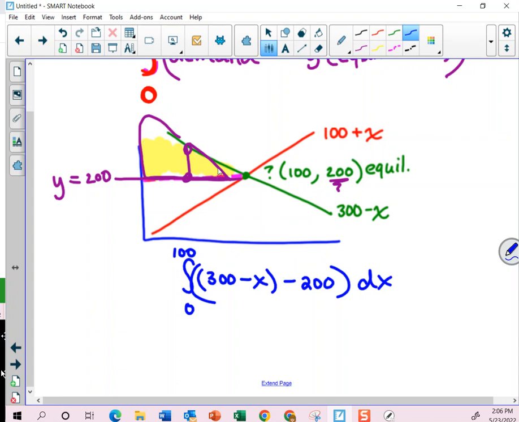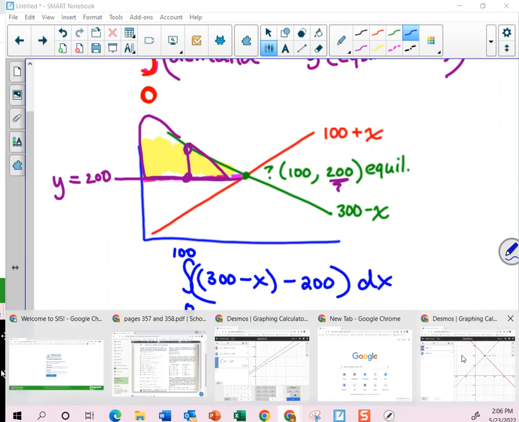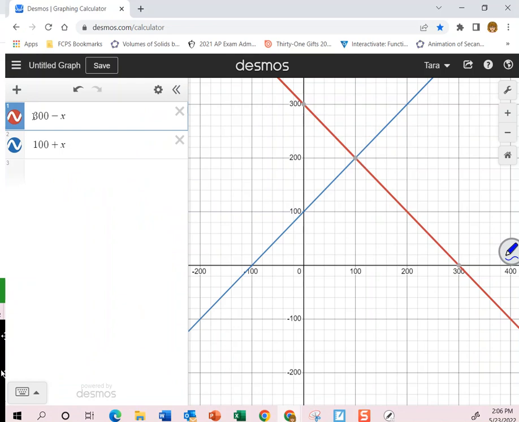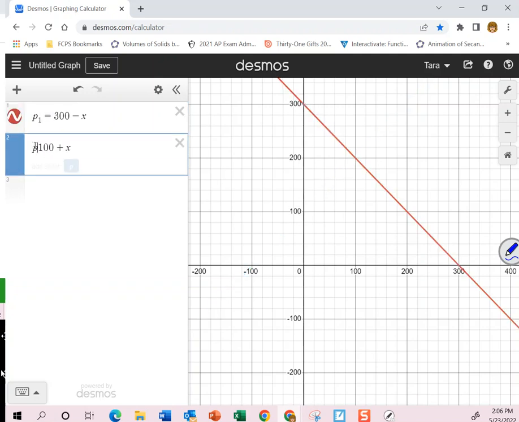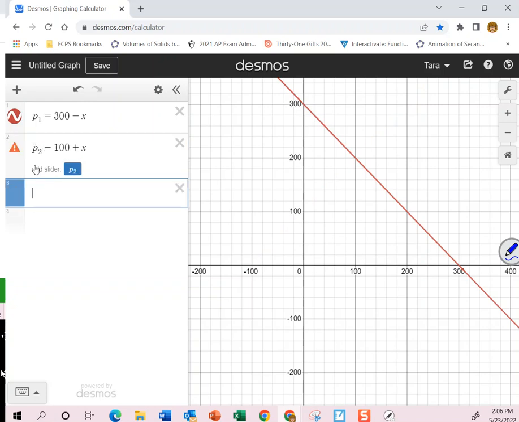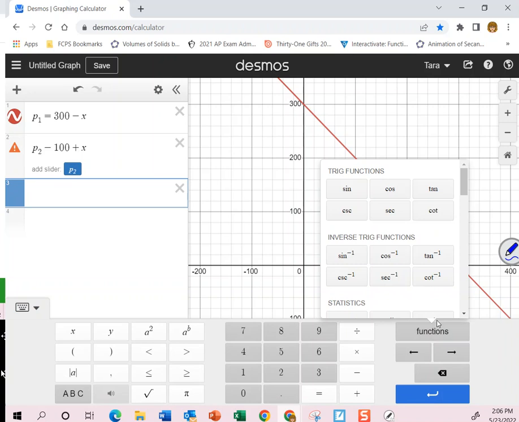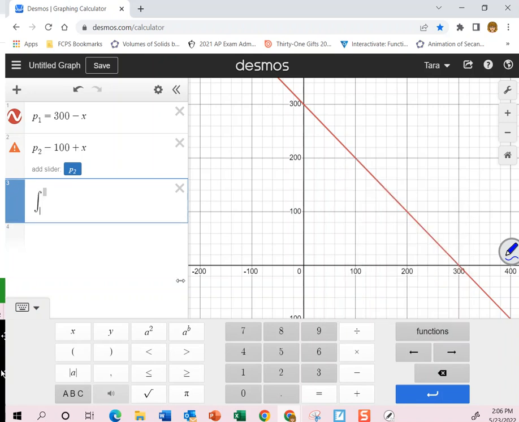Here, if I run the integral, actually let's do this as P1. Let's make this P2. So functions, grab the integral, 0 to 100, and in this case my P1 function is my demand function.